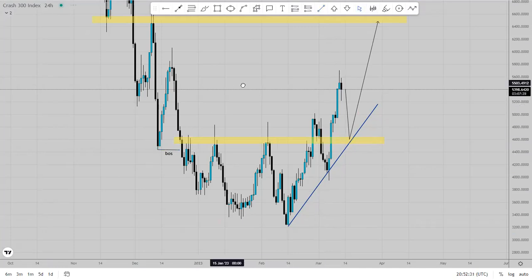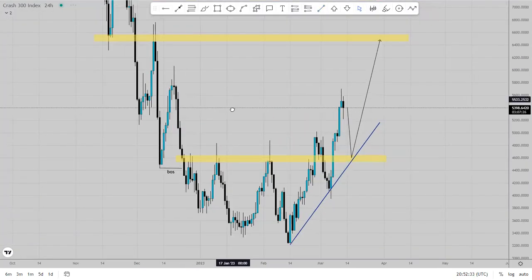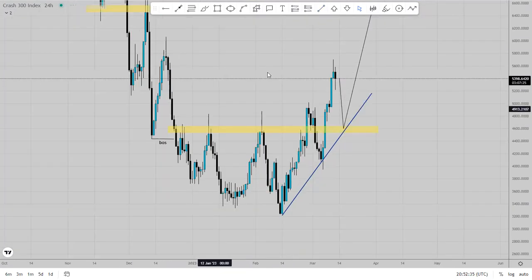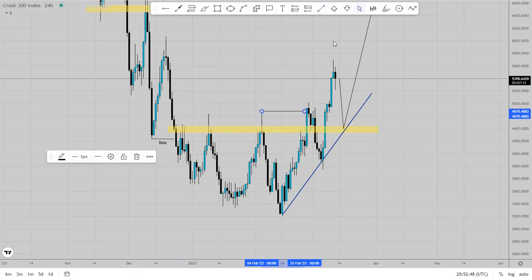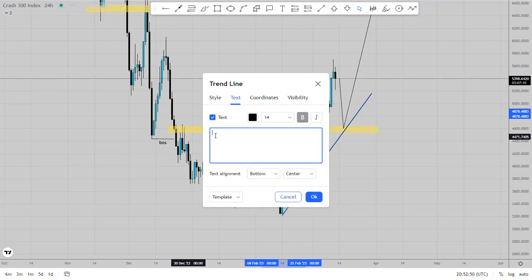After a break of structure, we expect the market to move, because here it was downtrending. Then here the market managed to establish what we call a change of character, somewhere around this level. Change of character means if it was bearish, it's now bullish.